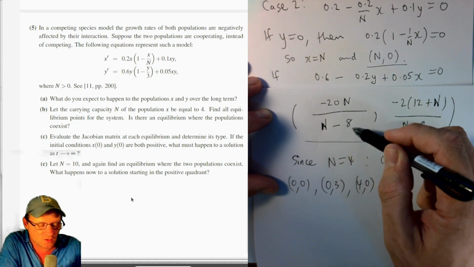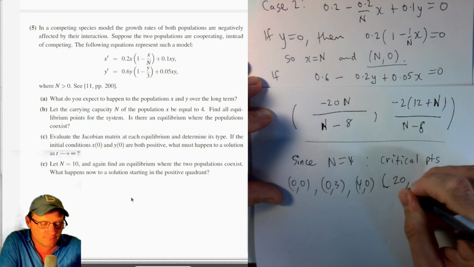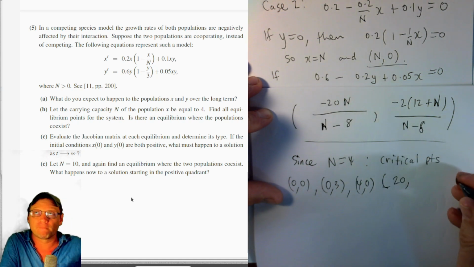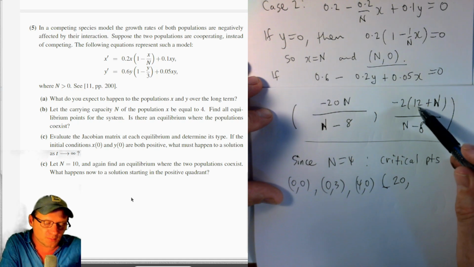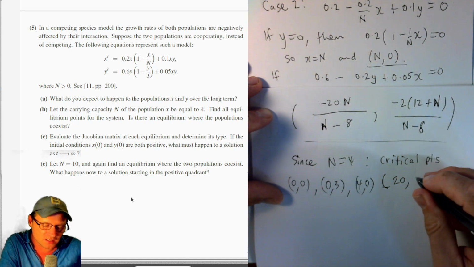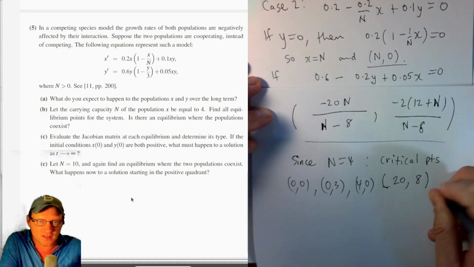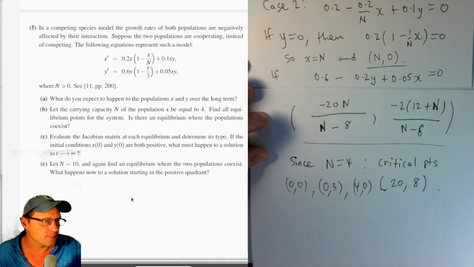So minus 80 over minus 4 is 20. Yes, okay, and then up here, 4 plus 12 is 16, so minus 32 over minus 4 is 8. So these are our 4 critical points for that system when n is equal to 4.